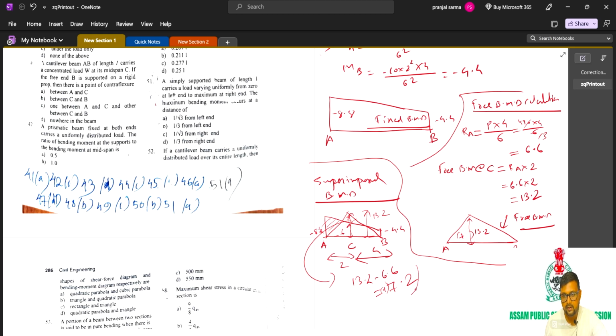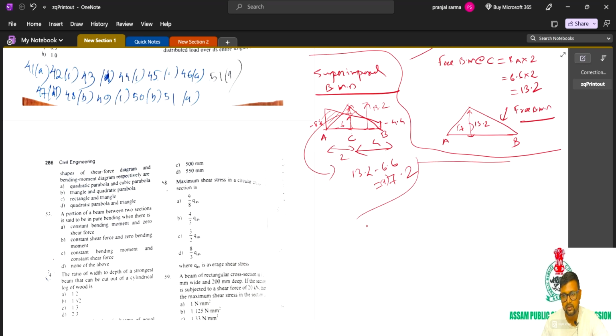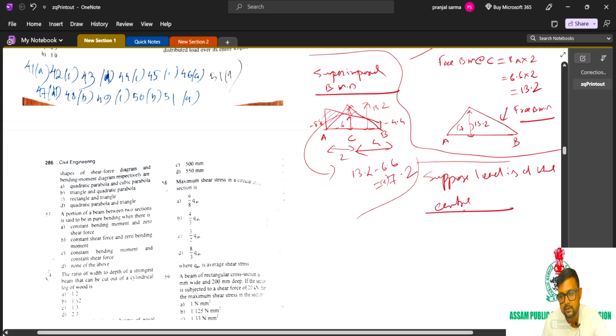At the support only. Now, if I take the load at the center, suppose the load is at the center. So at the center, what is the fixed end moment?